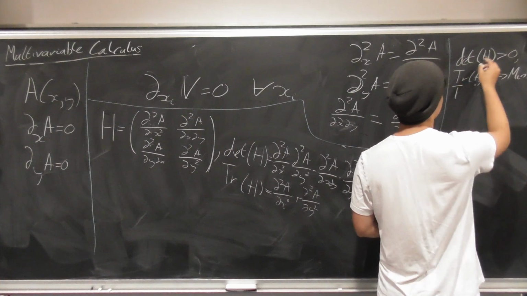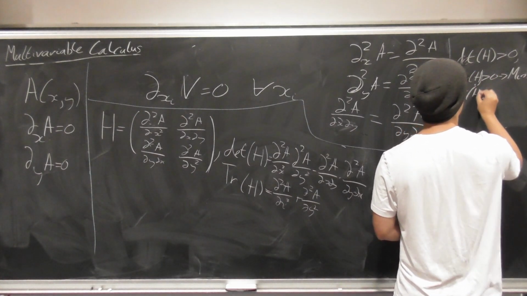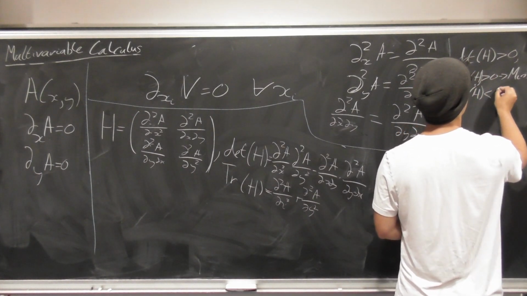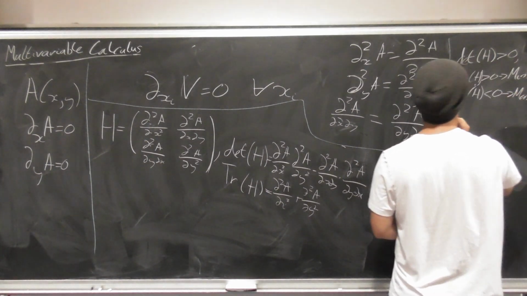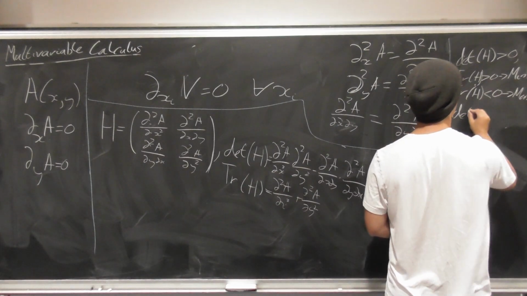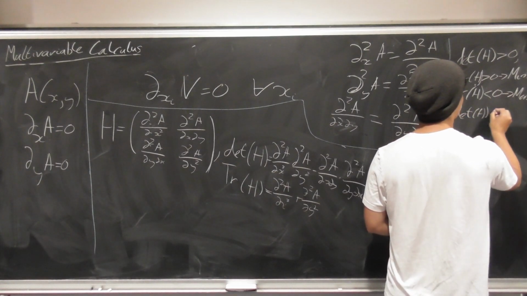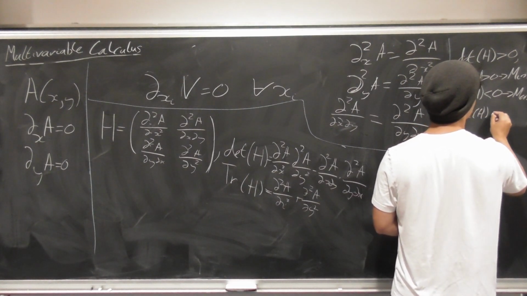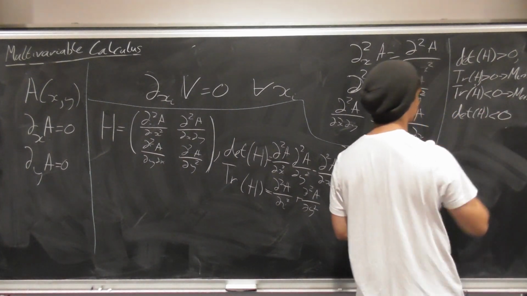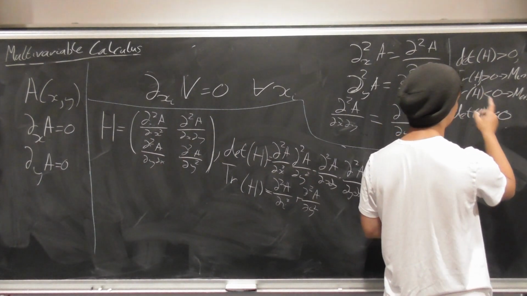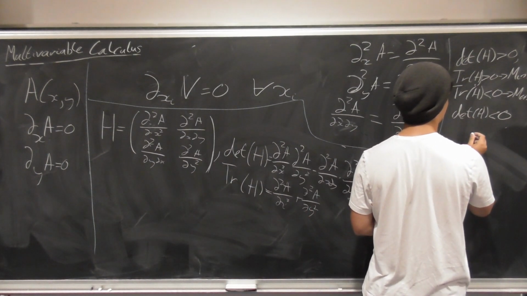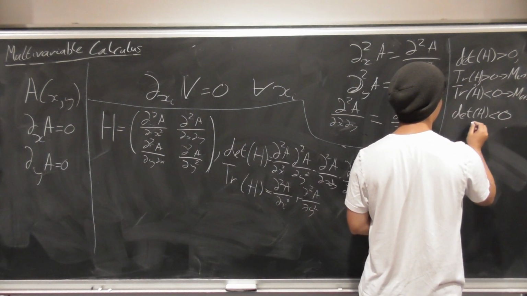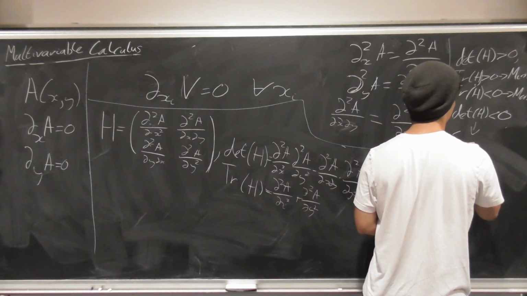If the determinant is positive and the trace is negative, we have a maximum. And if the determinant of H is negative, regardless of the trace, we'll have that this is a saddle point.